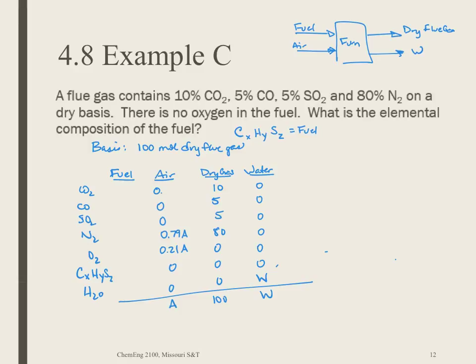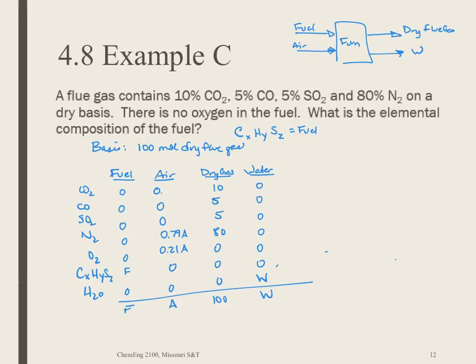And then I'm going to have my fuel, and it's going to be just the CXHYSZ, okay? And so I'm just going to call it F, and the fuel contains nothing else but F, so I'll have a total of F. So I've created a material table.